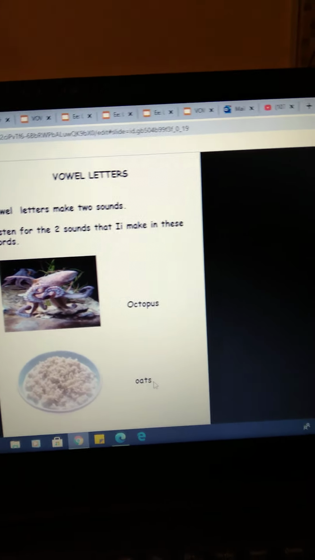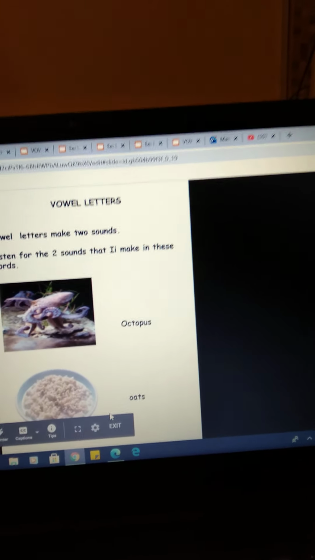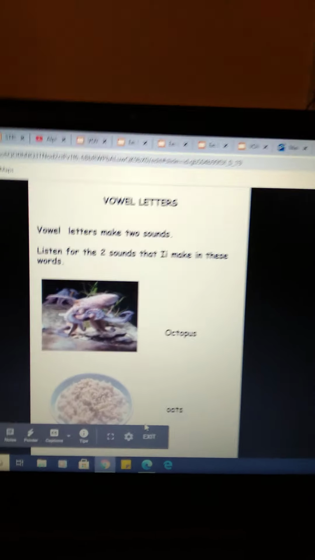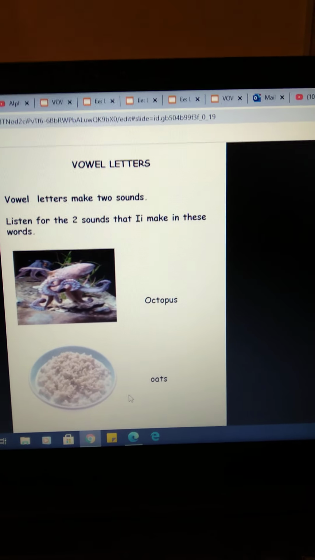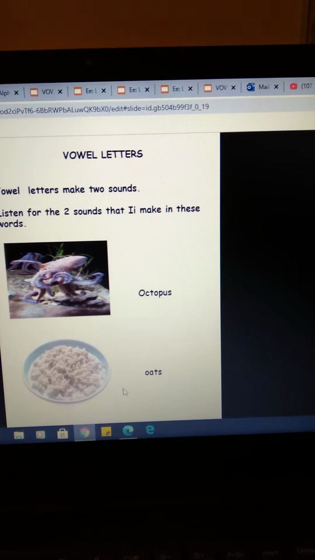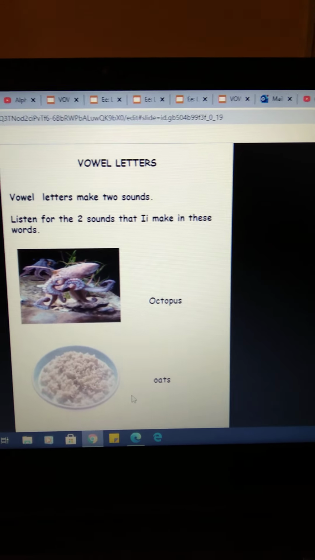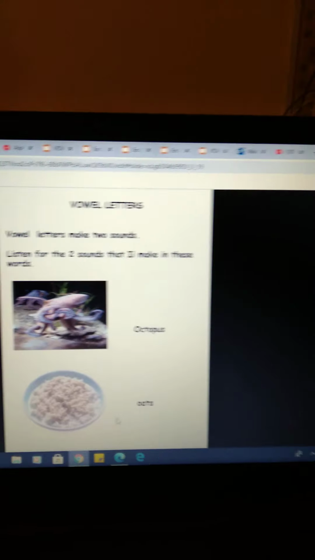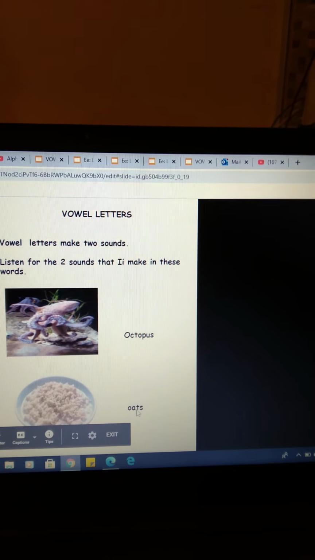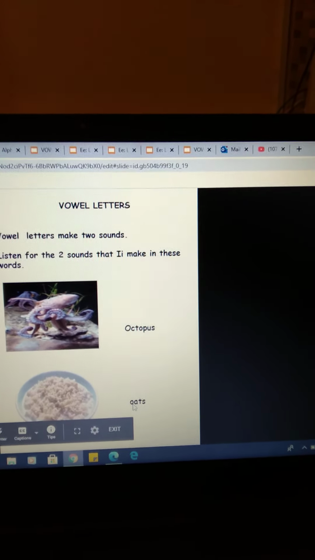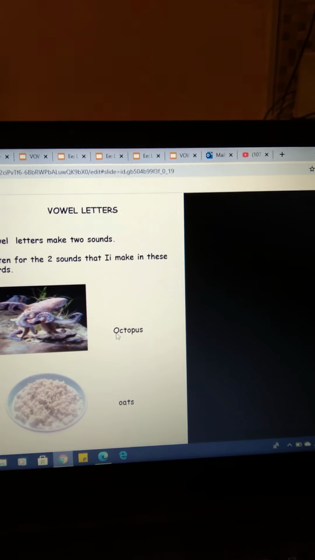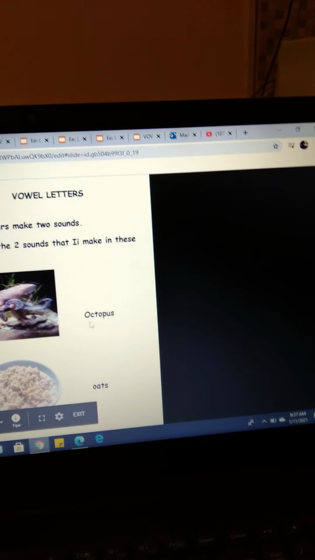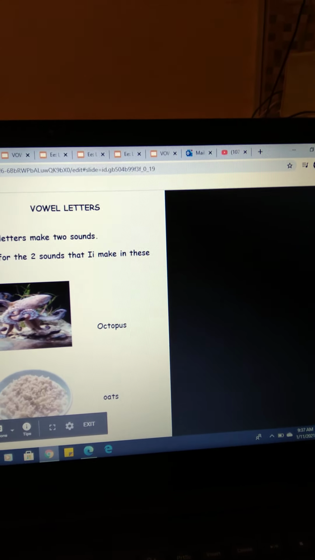The vowel letters A, E, I, O, U, they can say their name and they can make another sound. When they are saying their name, we say they are making a long sound. Like when O is saying O in oats, we say that is a long sound. And when it's making that other sound, like in octopus, we say that's a short sound.